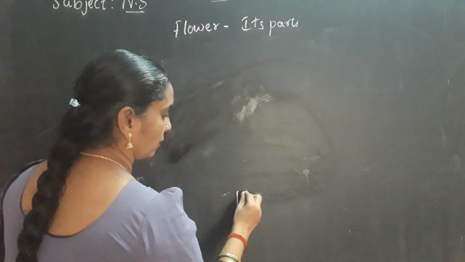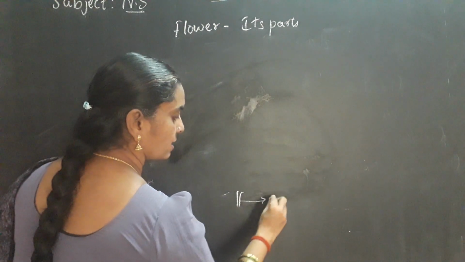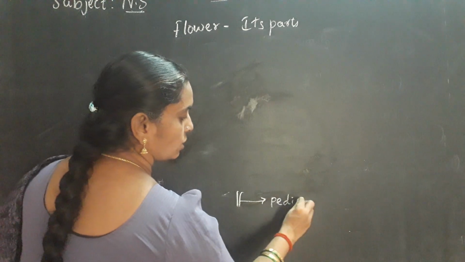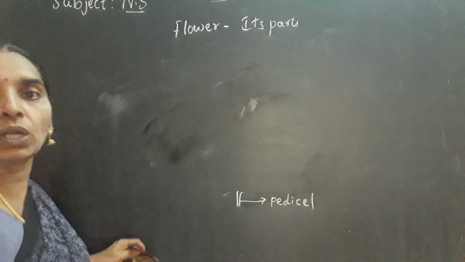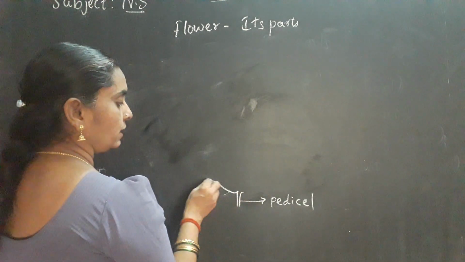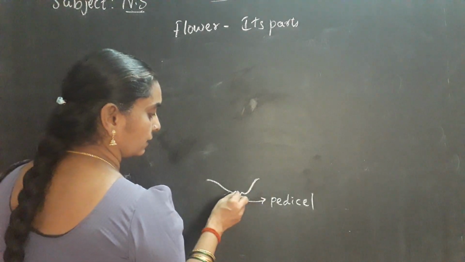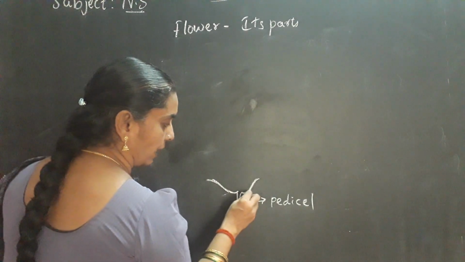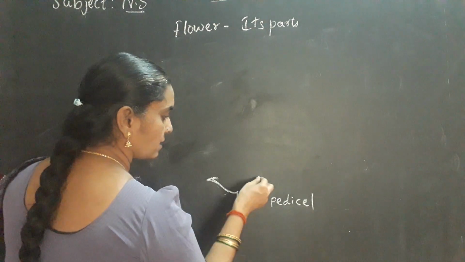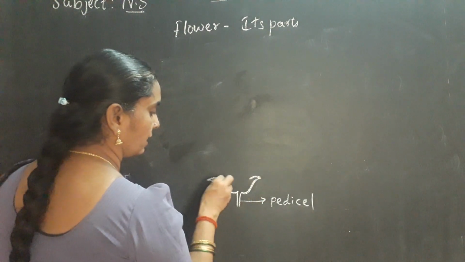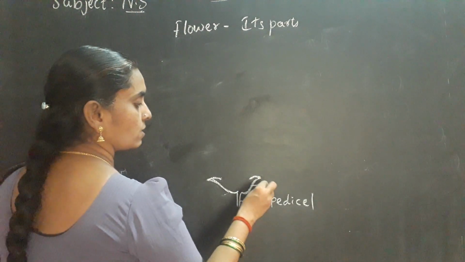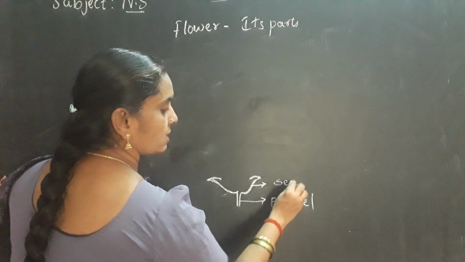This is the stalk of the flower, which is called pedicel. What is the stalk of the flower called? It is called pedicel. Over that, the bulged part is called thalamus, and these green colored leaf-like structures are called sepals.